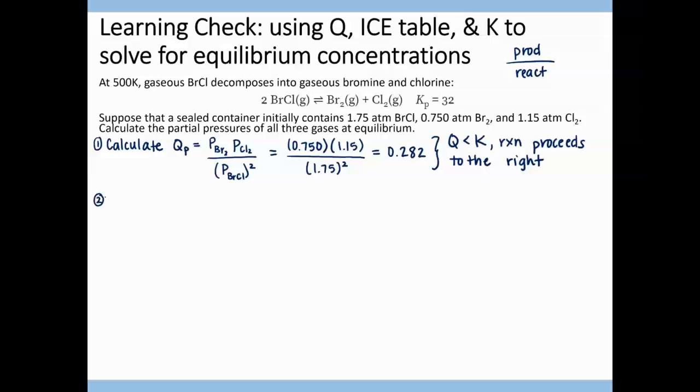So step 2 is the ICE table, and all rows are in atm, but we'll just have I for initial, C for change, and E for equilibrium. Same setup, and then we've got the reaction, reactants and products across the top row.